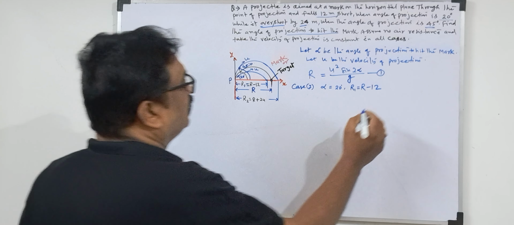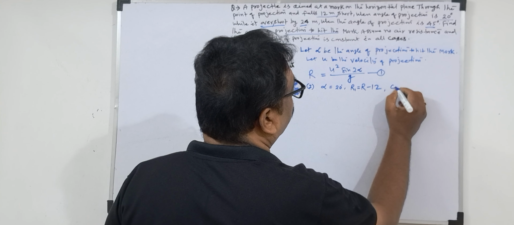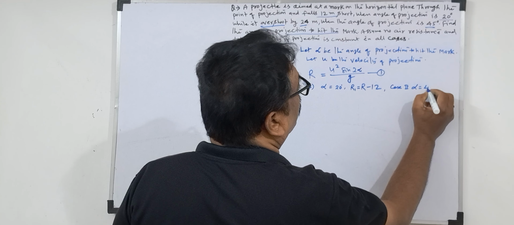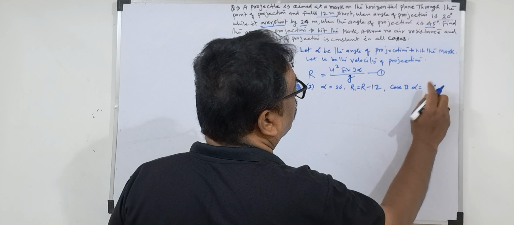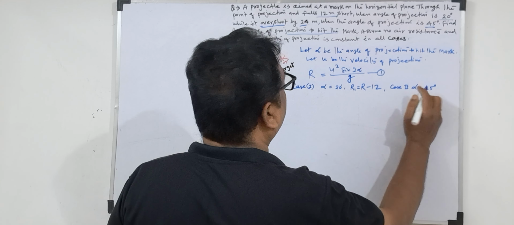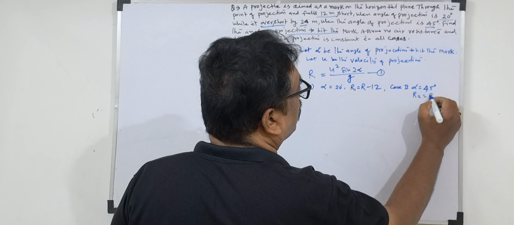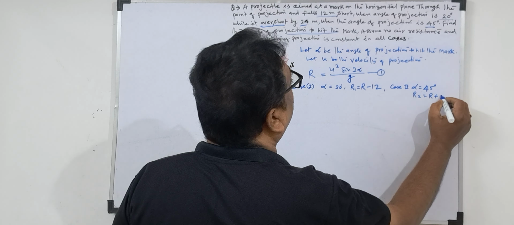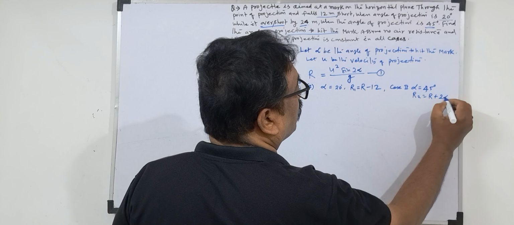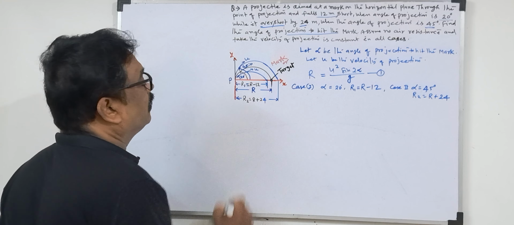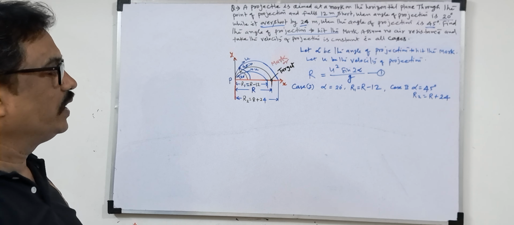Case 2: alpha will be 45 degrees, then the range R2 becomes R plus 24. These are the two cases.